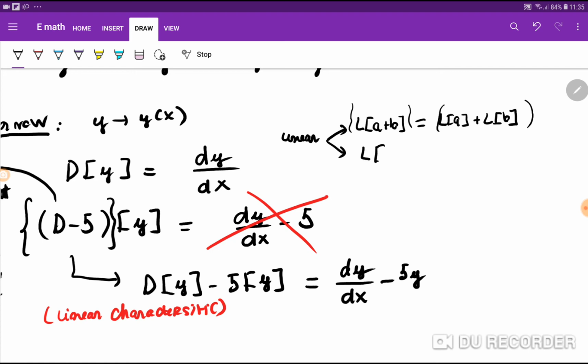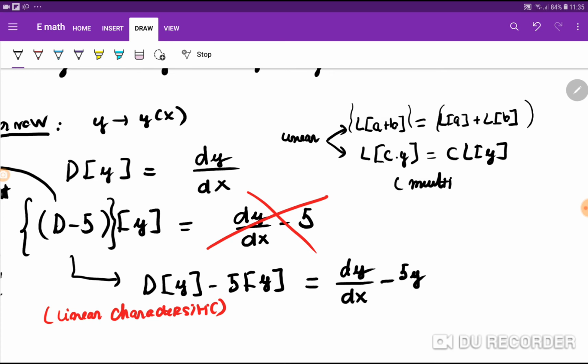Similarly, if you have a constant c, it would be this. This is called the multiplicative property, let me make sure.